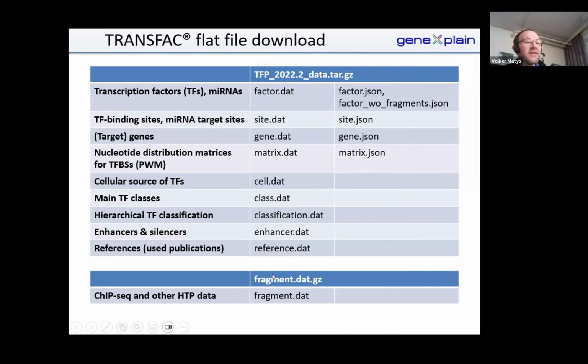And here is the fragment archive that contains the fragments from the high throughput ChIP-seq data, particularly, and also some older ChIP experiment data. These are in a separate archive just because of the size, so it's easier to handle.